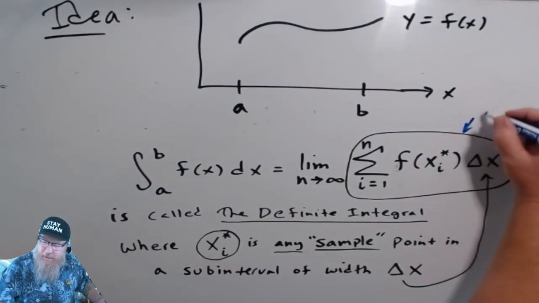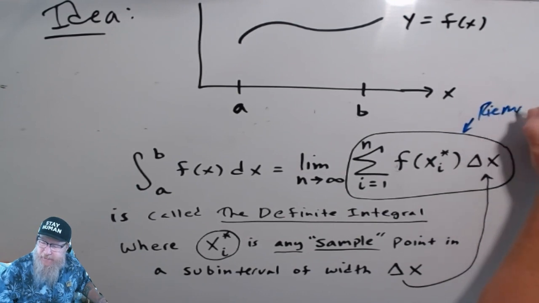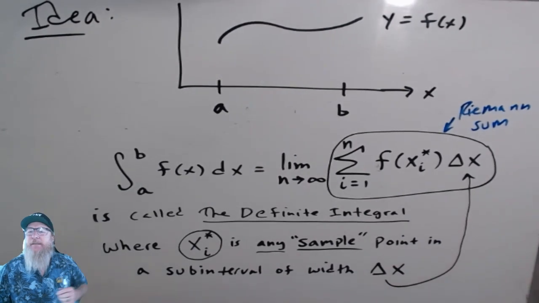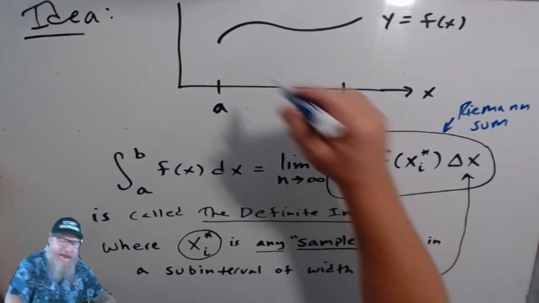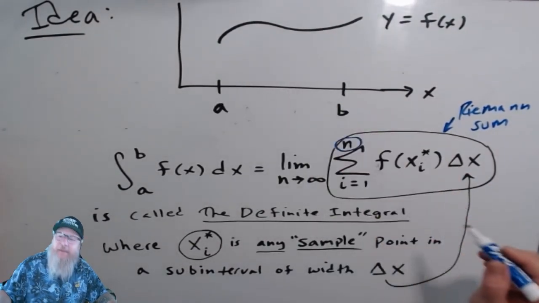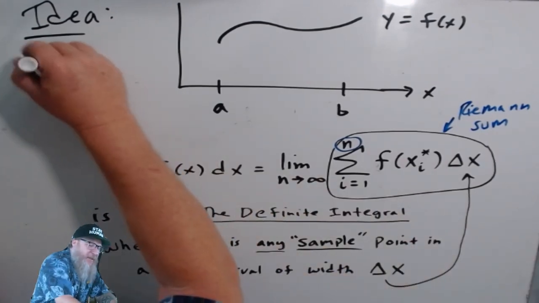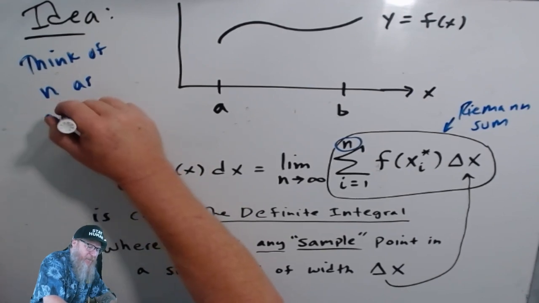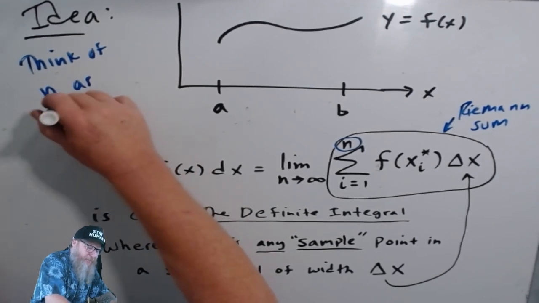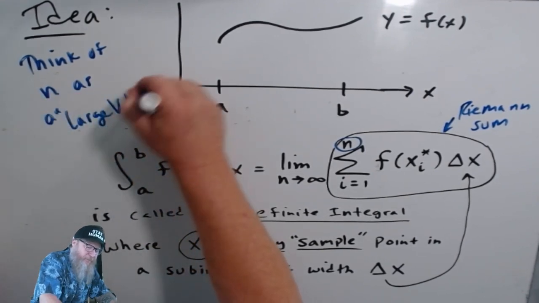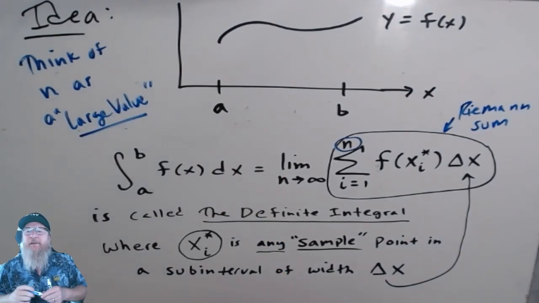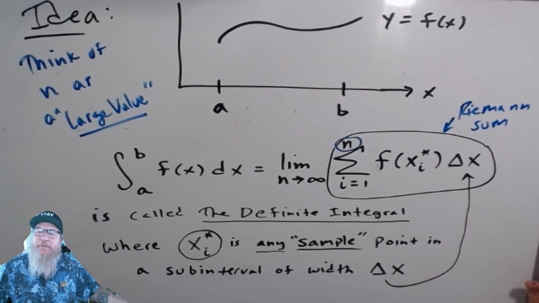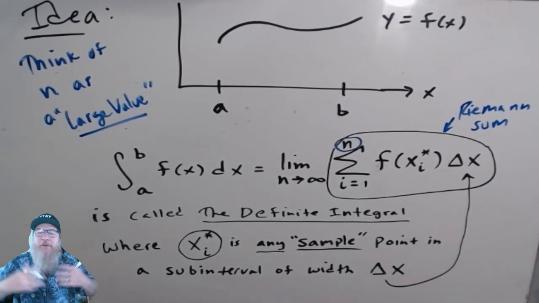And these are the Riemann sums, or a Riemann sum, I guess, of n rectangles. So just think of n as a large number. And large is obviously not an objective word. It's just whatever you think of as large.